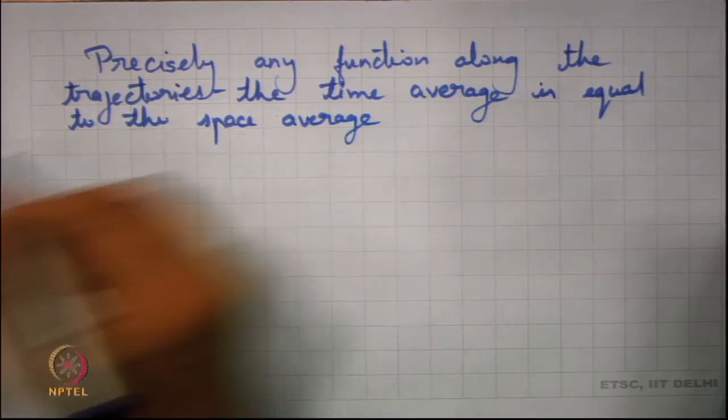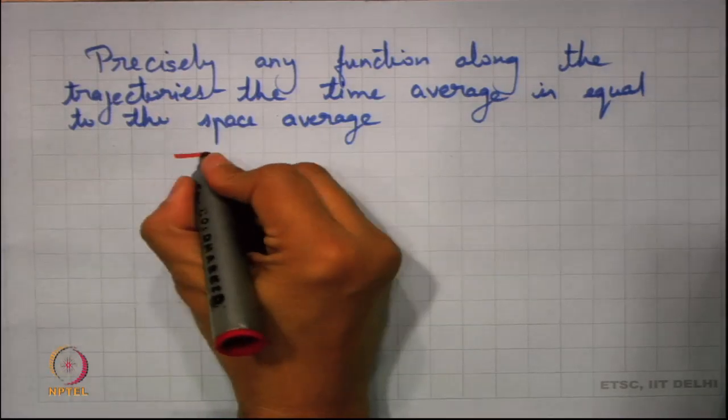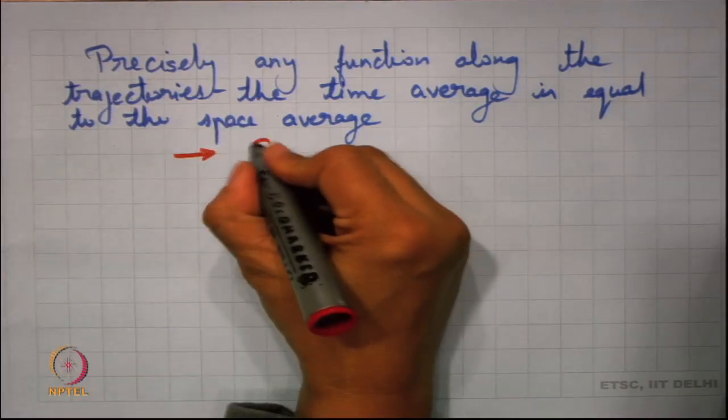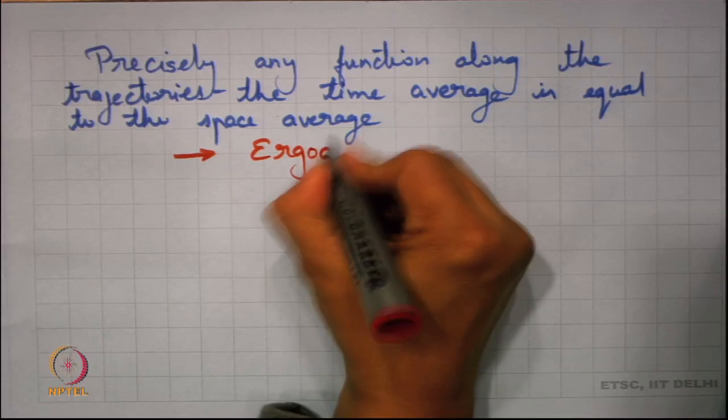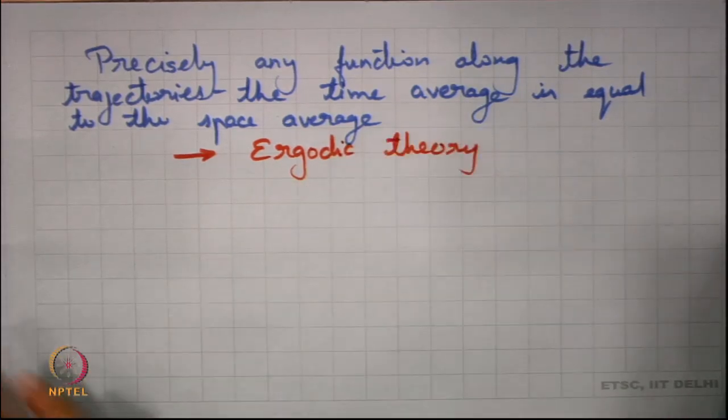This is essentially the concept of ergodic theory, which results in the subject of ergodic theory. So, once one looks into this entire concept from all points of view, even looking into the statistical part.